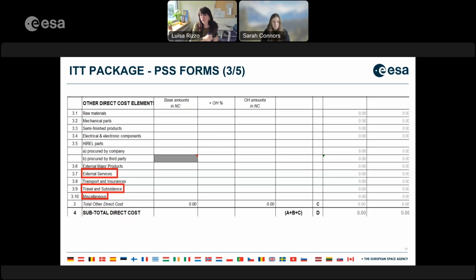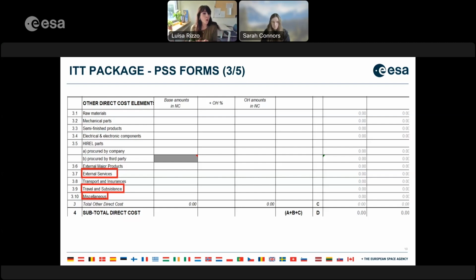I'm saying usually because of course it's not mandatory, but it's commonly seen in climate space ITTs: external services, travel, and miscellaneous costs being claimed by the bidders. These lines, these costs, must be reflected in the Exhibit A. The Exhibit A, in the structure itself, is quite simple.